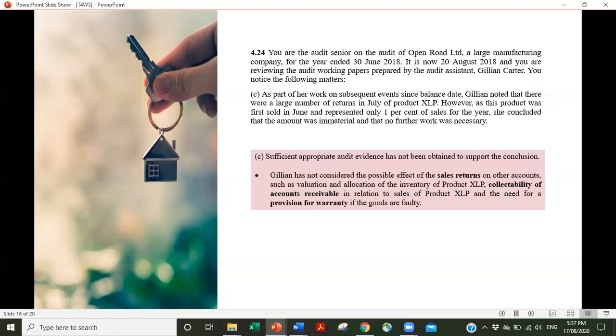So the position that you're in at the end of the year is reflected particularly. So if your provision for warranty was very low and you had all these sales returns, there could be a possibility of fraud happening there.